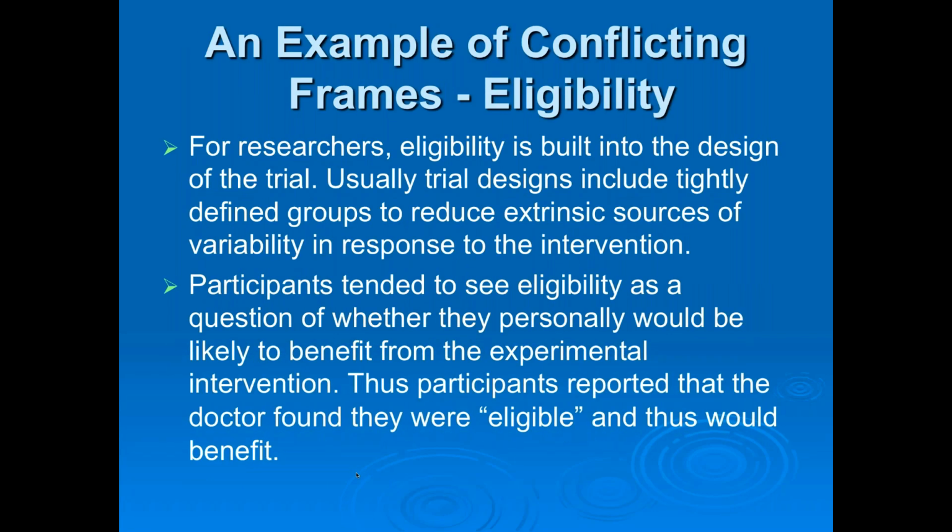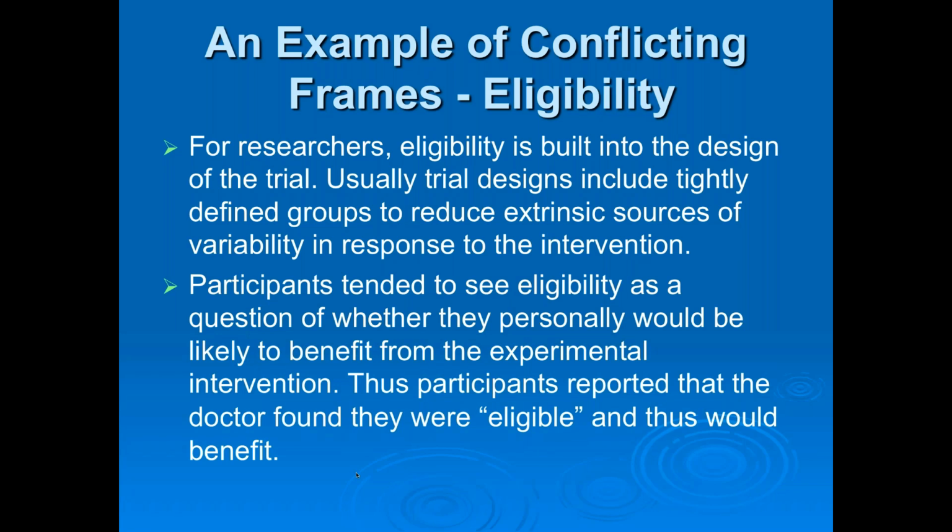So I have this example. When you think about who's eligible for the trial, if you're a researcher, there are criteria about it. There are certain diagnostic criteria. There might be a certain age. We might only take women. We might take 15 to 30-year-olds or whatever.